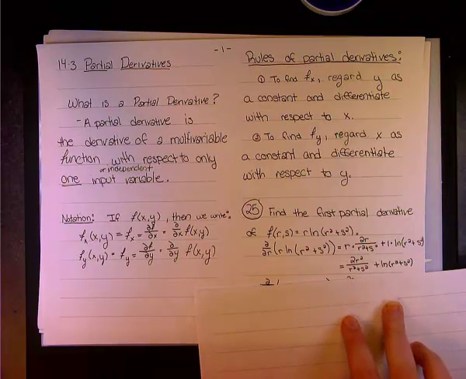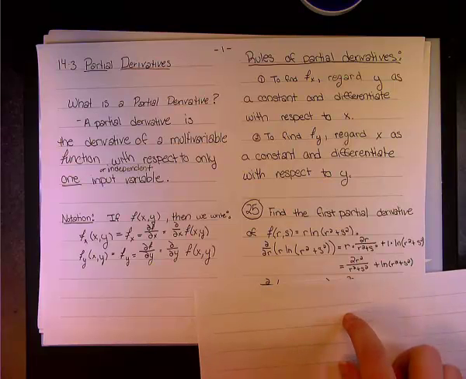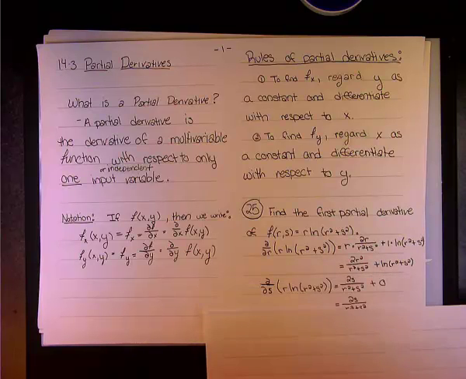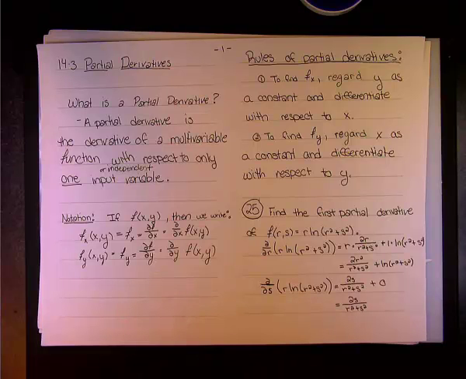Everybody okay with that so far? Again, we've gotten this far. And then I just simplified it a little bit. So that would be the partial derivative with respect to r of this original function.